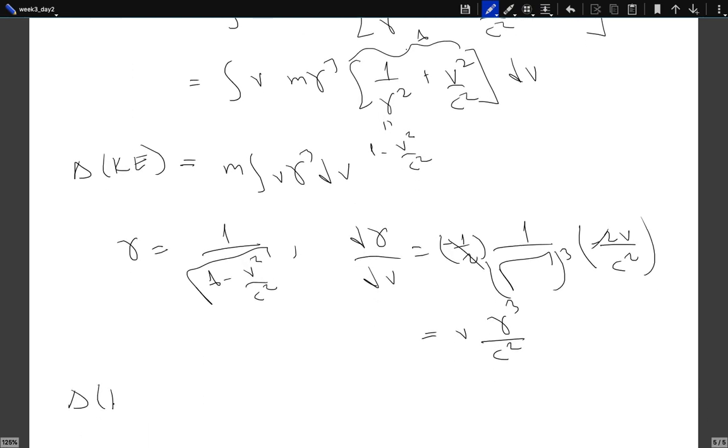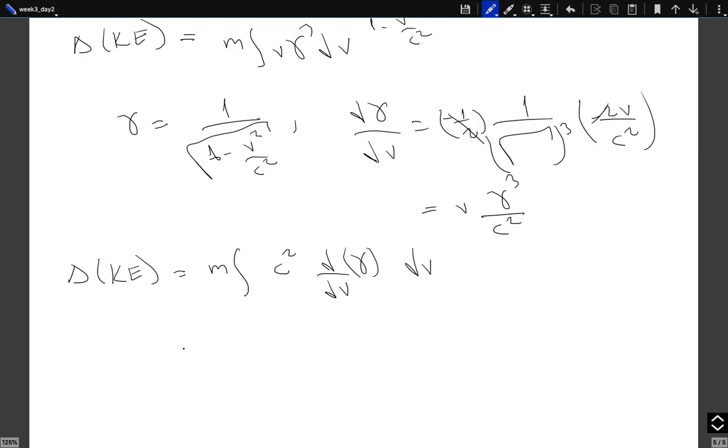So the change in the kinetic energy of the object is just m times c squared times the derivative with respect to v of gamma, times dv. But this is nothing but mc squared times gamma from v initial to v final.